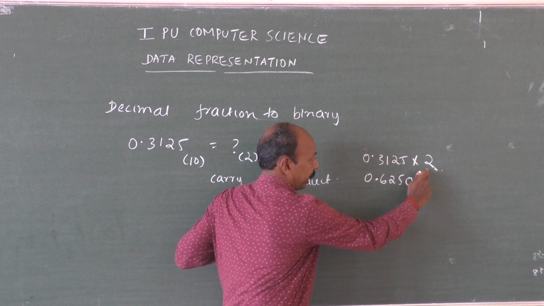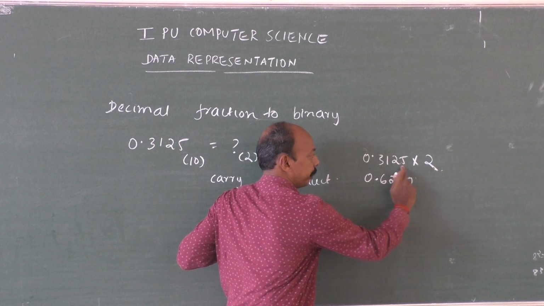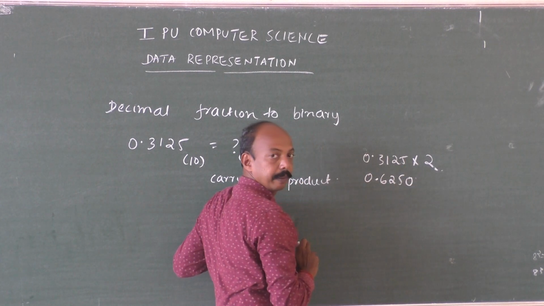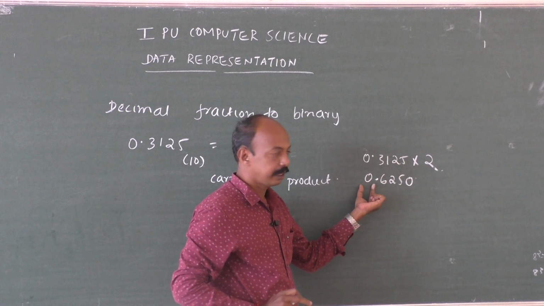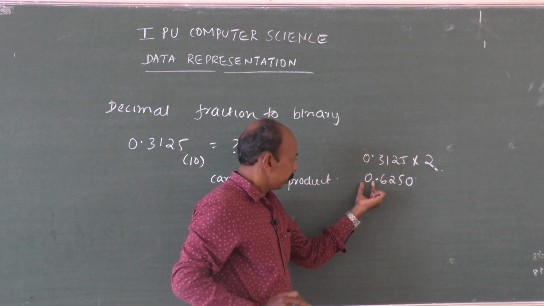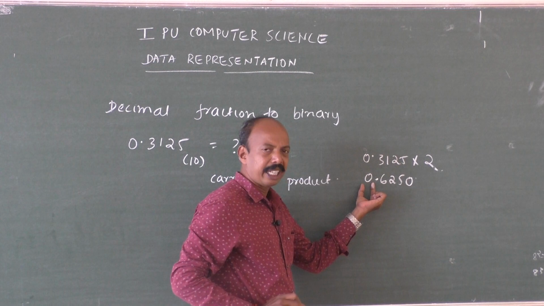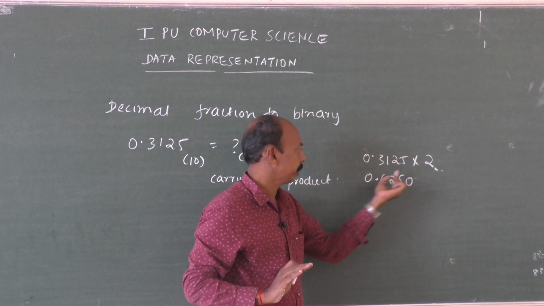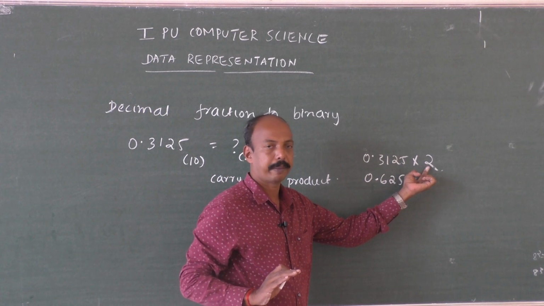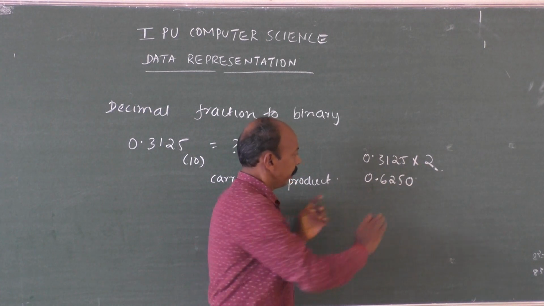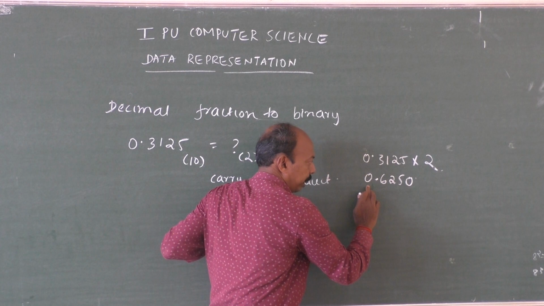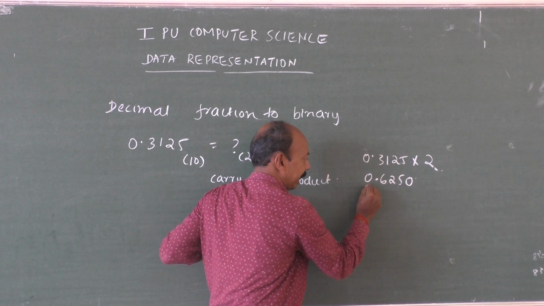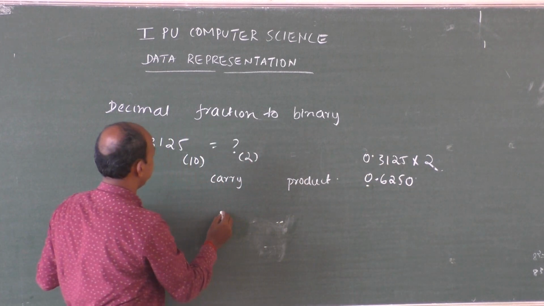So in this case, when we multiply the number with 2, we will get a product. Just note this. Whatever we get, either we will get 0 or 1. No other value is possible because we are going to multiply with respect to 2. Now, since it is 0.6250, write this 0 as the carry.